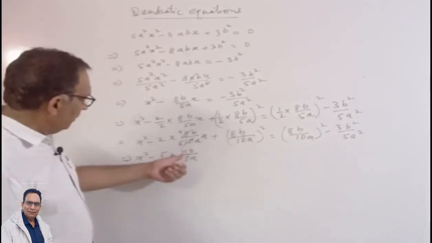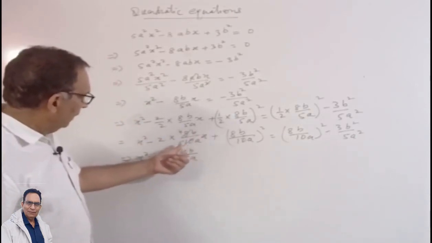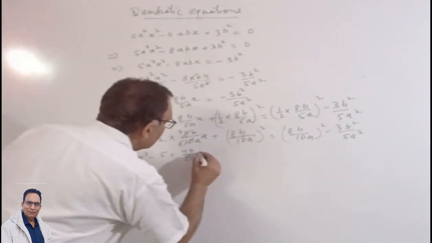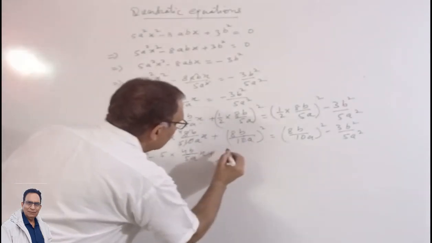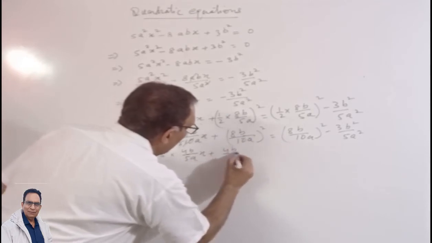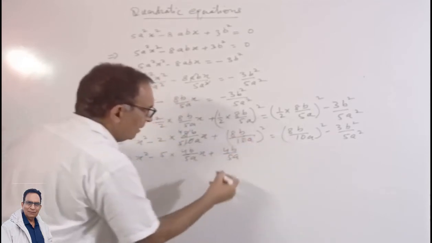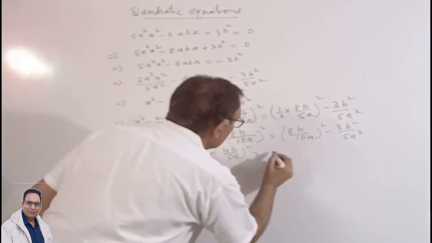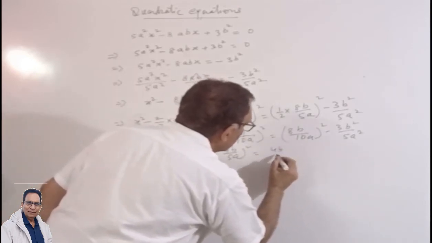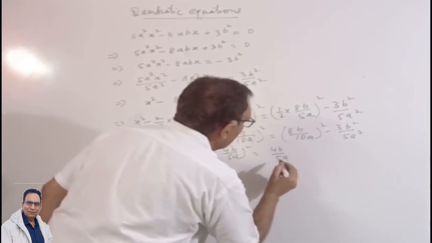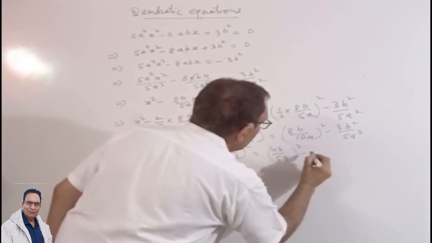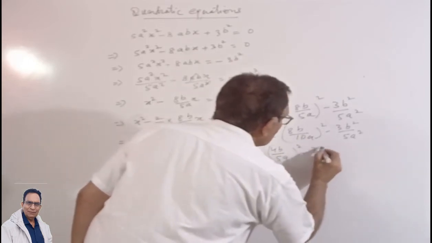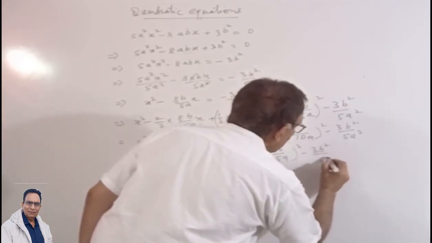So it becomes 4b over 5a x plus this is 4b over 5a. Again the cancel, the same way. This also becomes 4b over 5a square minus 3b square over 5a square.